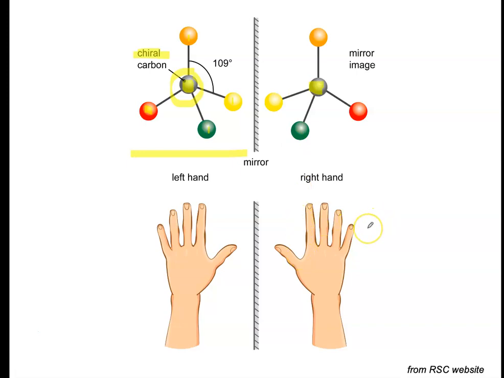Another good way of doing this is to take your left hand and right hand and put them like that. So the left hand and the right hand are pretty much mirror images of each other if we spread them out like the diagram. However, if we put one hand on top of the other, then this thumb will move to this side here. So we say they're non-superimposable.